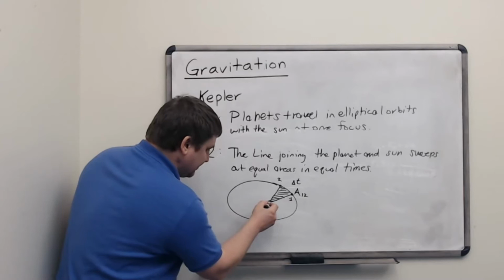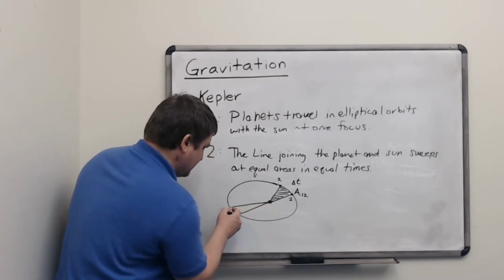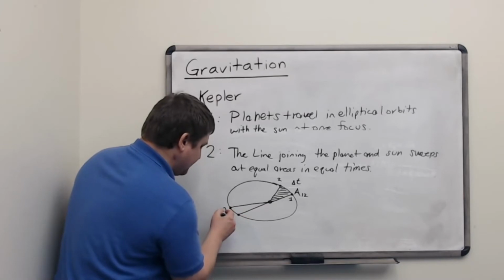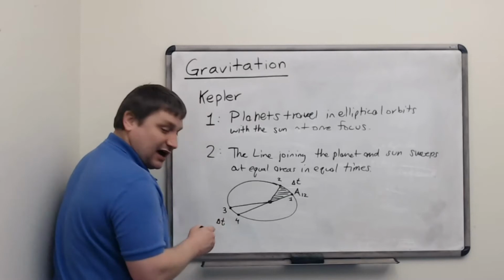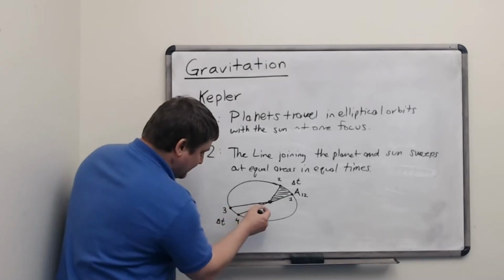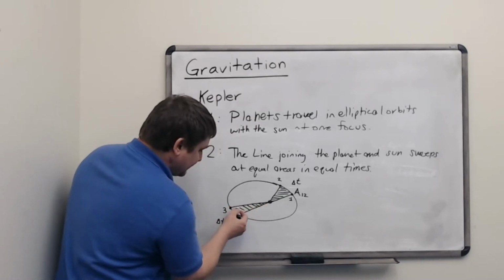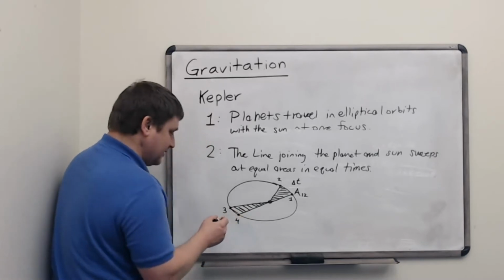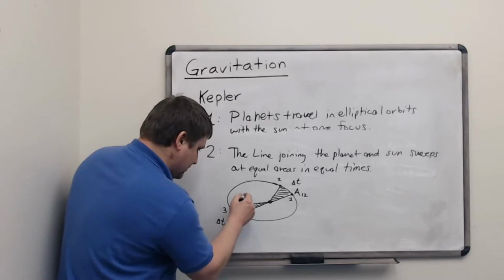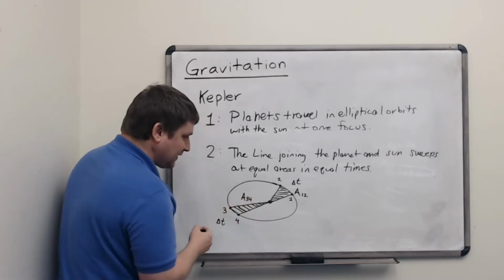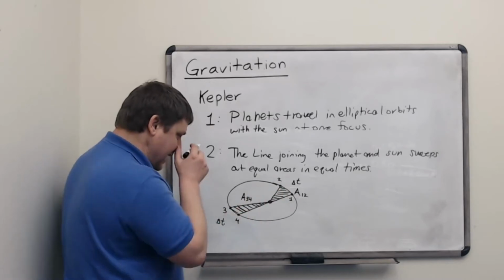If we take a look at the planet on some other portion of its orbit, say between locations 3 and 4, in the same time interval, the distance to the sun would be much longer. And so the area would be long and skinny rather than short and wide.